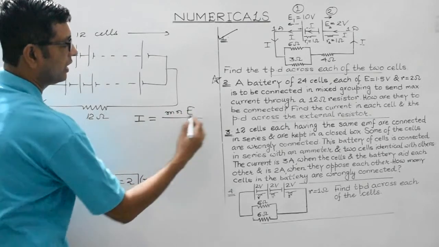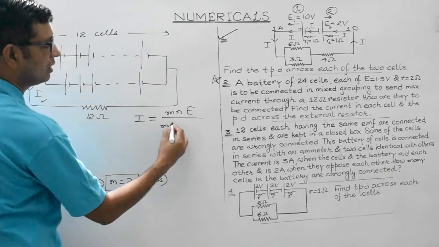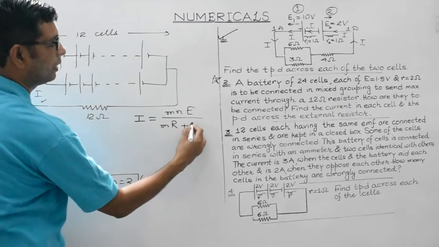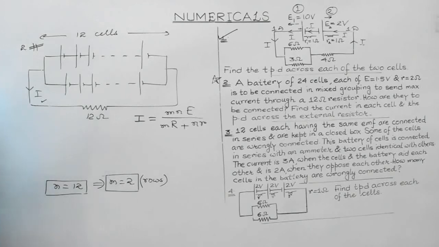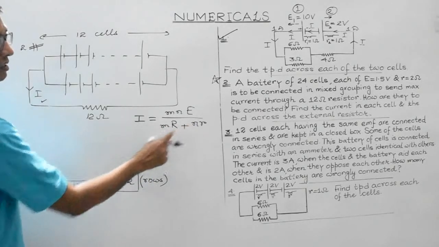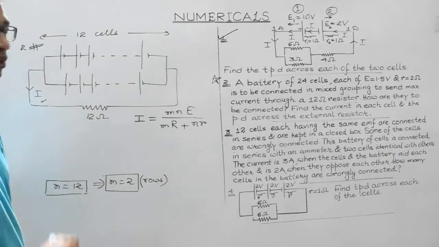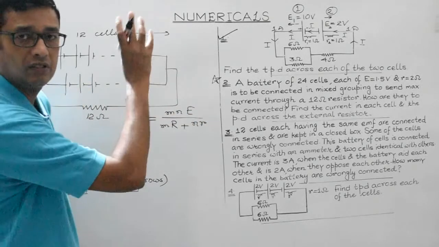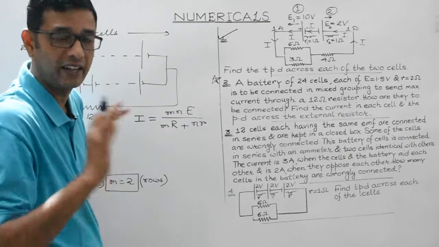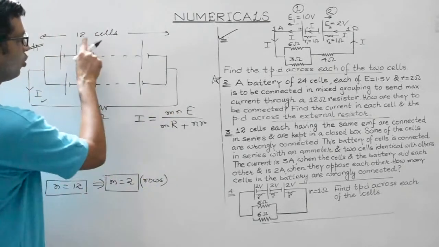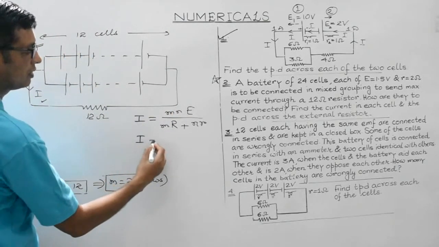MNE divided by MR plus NR. M is the number of rows, N is the number of cells connected in series in each row. This is the formula which we have obtained theoretically, which we have already derived, right? M into N is the total number of cells. So let's substitute.